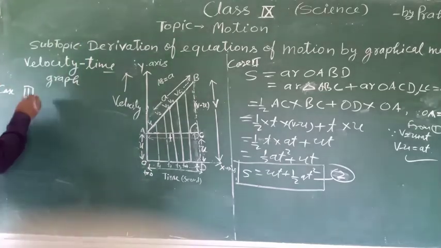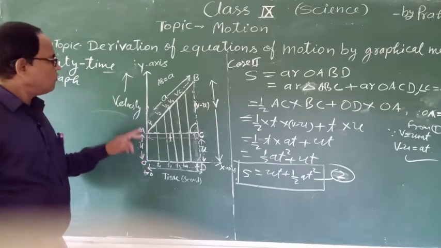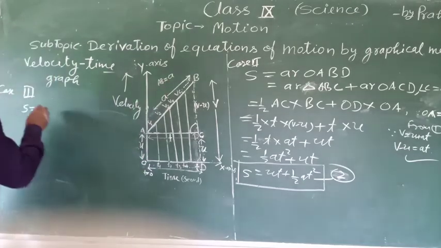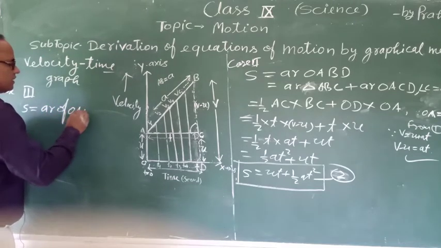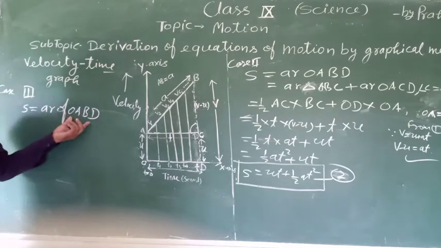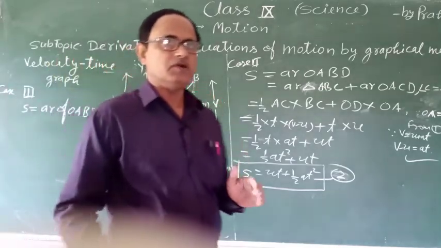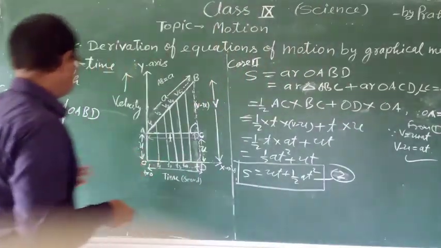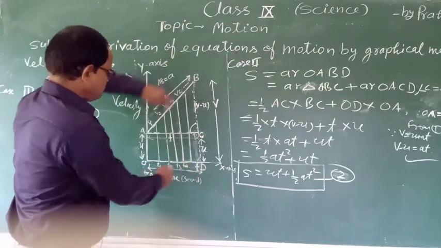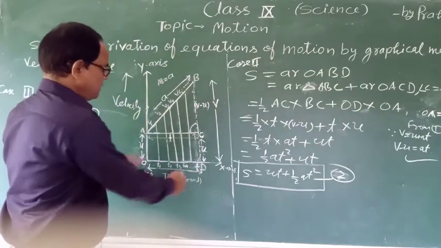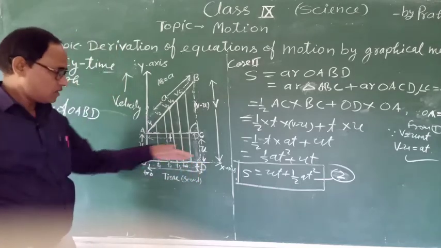The displacement S is equal to the area of OABD. This shape is a trapezium. Here you know, BD is parallel to OA and OD is the perpendicular line.